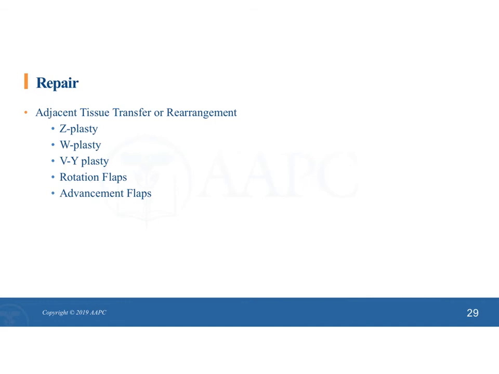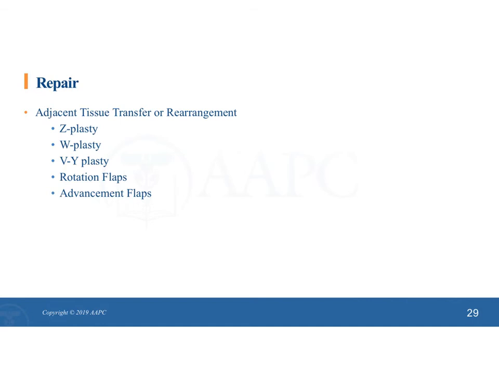There are many types of grafting procedures that can be performed to correct a defect: adjacent tissue transfers or rearrangements, skin replacement surgery and skin substitutes, flaps, and grafts. The recipient site is the area receiving the graft, and the donor site is the area that the healthy skin is taken from. There are many types of ATTs.